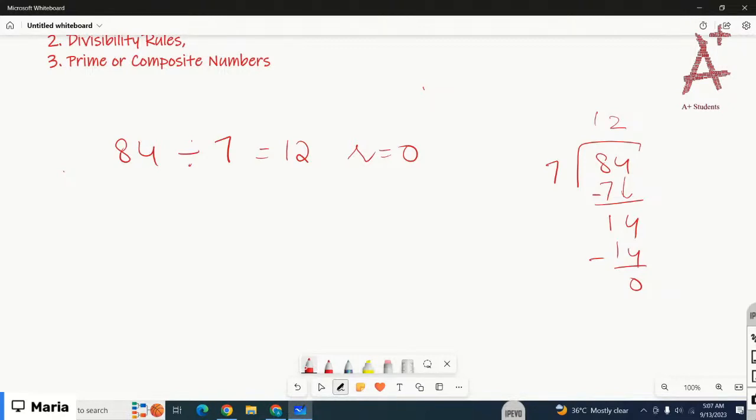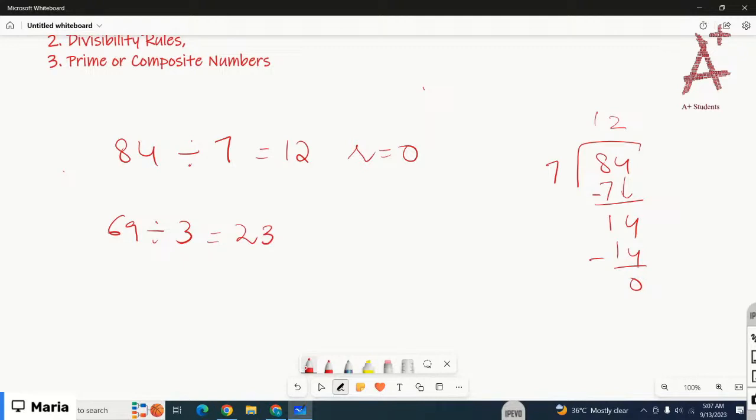Okay, the other example is 69 divided by 3. Is 3 a factor of 69? It is, yes. When you divide 69 by 3, it divides evenly. 3 times 2 is 6 and 3 times 3 is 9.